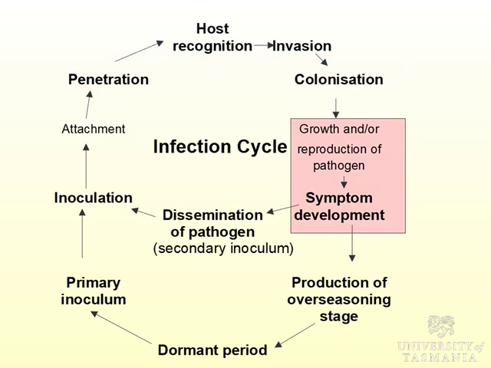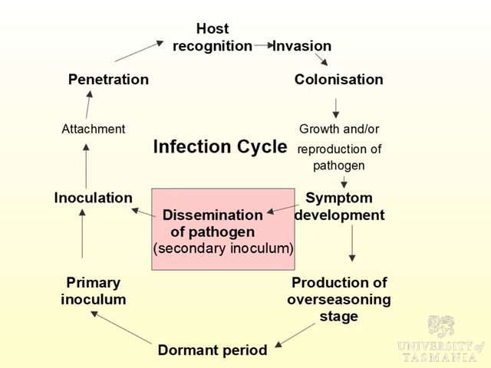At that point you get reproduction of the pathogen. Your bacteria has got into the plant, it's reproducing, spreading, and starting to form symptoms. Symptoms are the expression of the disease, like the yellowing, stunting, necrosis, rotten spots, whatever.